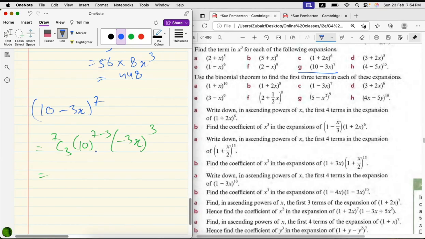We don't need the first two terms or the last terms. 7C3 is 35, 10 raised to power 4 is 10,000, and minus 27 x cube. So that's 35 into 10,000 into 27, getting negative 9,450,000 x cube.